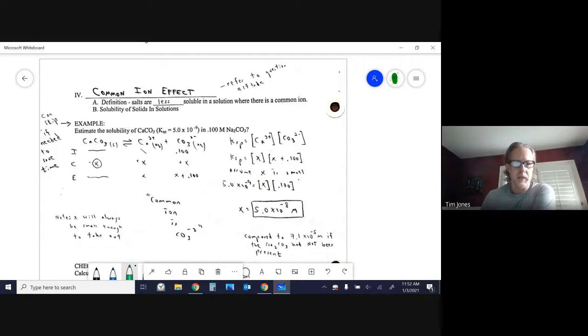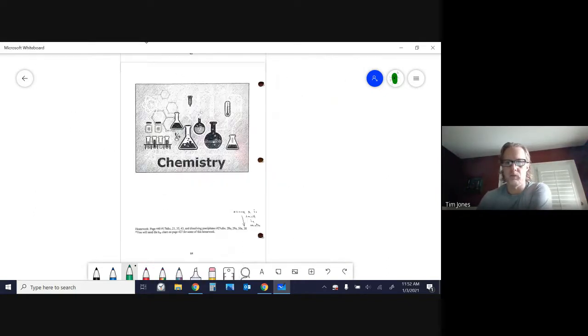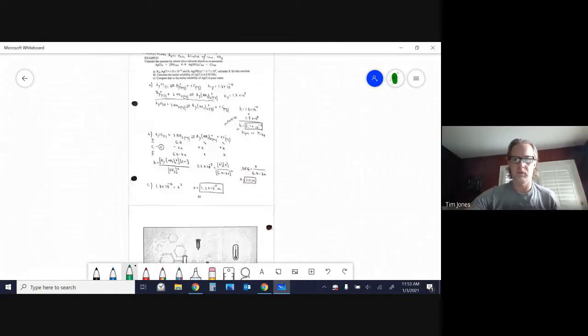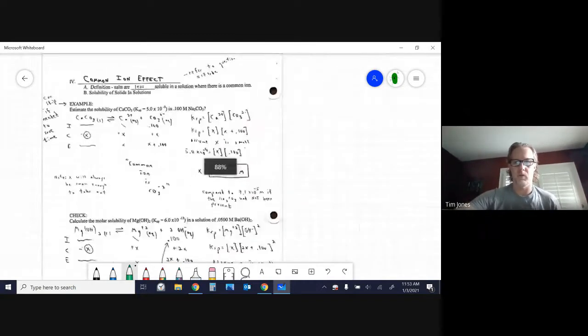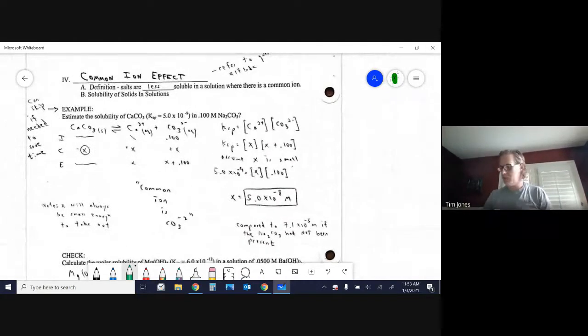So in this case here with calcium carbonate, when calcium carbonate dissolves, you get calcium and carbonate ions.